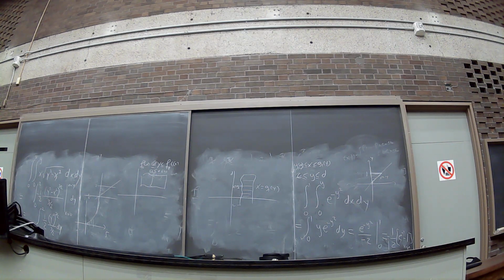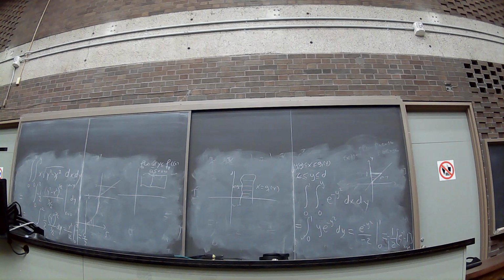It's y to the 4 over 12 from 0 to 2, so 16 over 12. This is 4/3, right? Are we good here? Is there anything unclear in the integration? Is it clear or not?